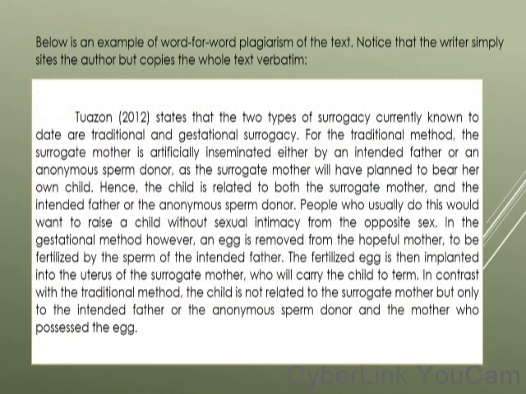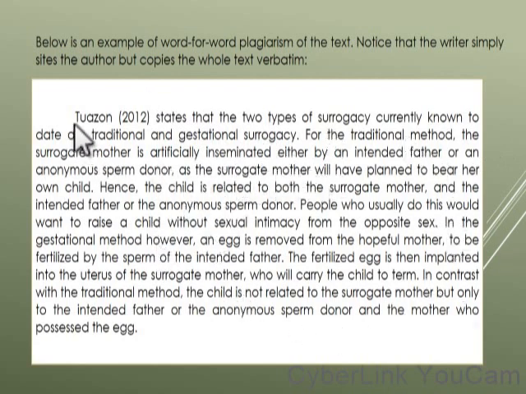Next, this one. This example, the second text I read a while ago, is an example of word-for-word plagiarism of the text. Notice that the writer simply cites the author but copies the whole text verbatim. The original text is here.